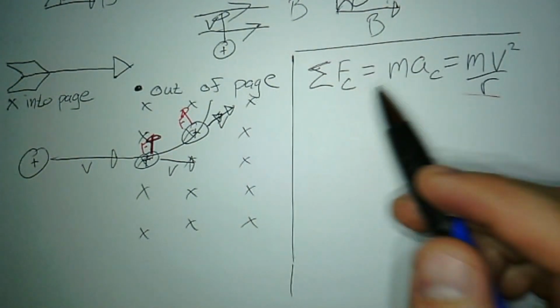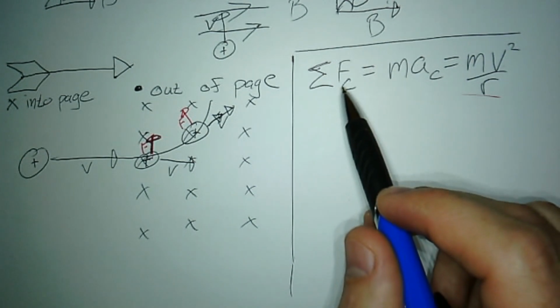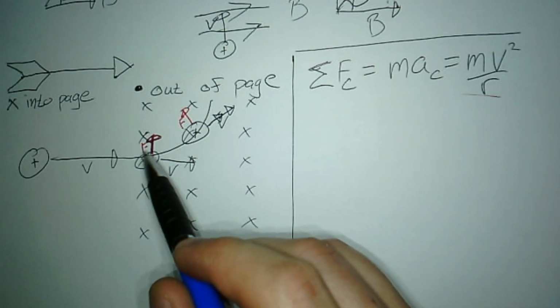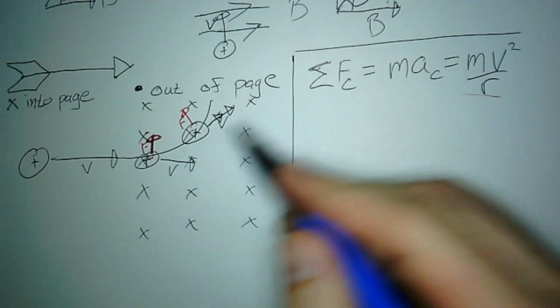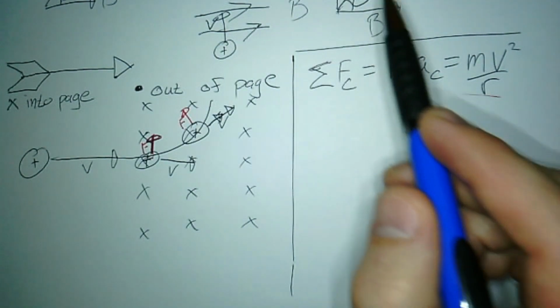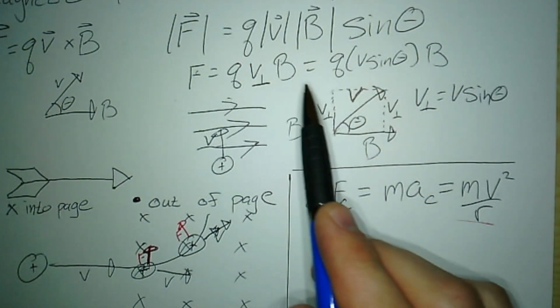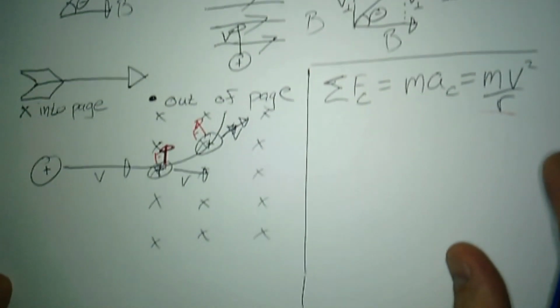So now we're just going to replace this centripetal force term, this sigma force. We always say, well, let's replace it with what the forces are. Now the only force acting here is this magnetic force. So I can replace it with, well, what we did earlier, QVB sine theta. So let's go ahead and do that.